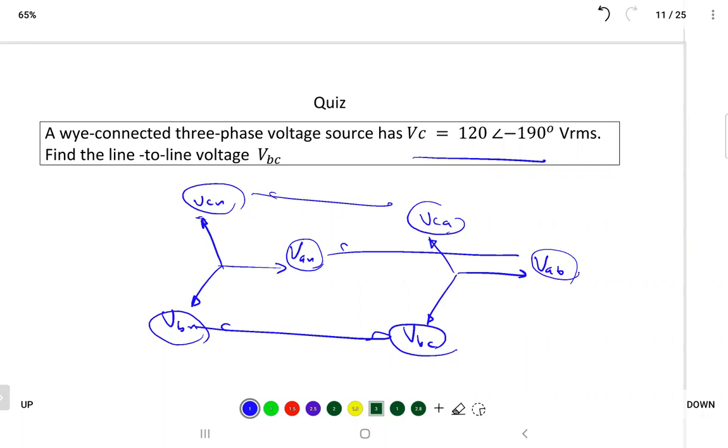I proved it in the lecture, the relationship between VAB and VN. So it's the same relation, you got it? It's just that the angle is different. The VN was at 0, maybe a different angle. Even if I give you an example, if it was 15 degrees, what you do would be very similar to the example I showed.